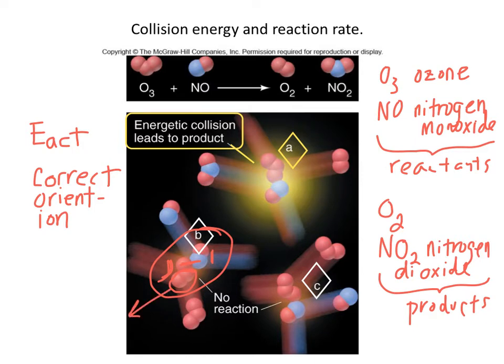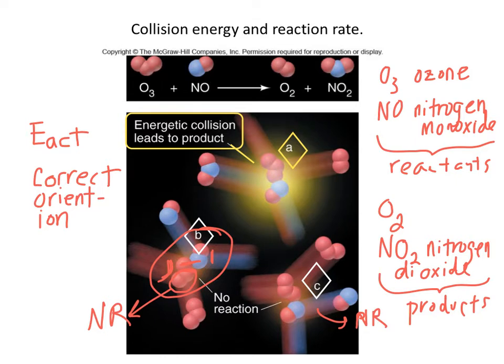Well, this particular picture does have a proper orientation, but it does not have enough energy. So this leads to no reaction. Over here, this doesn't look like quite the correct orientation, and we definitely don't have enough energy. So again, this is also no reaction.